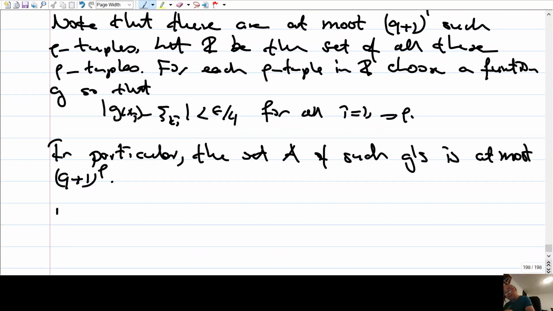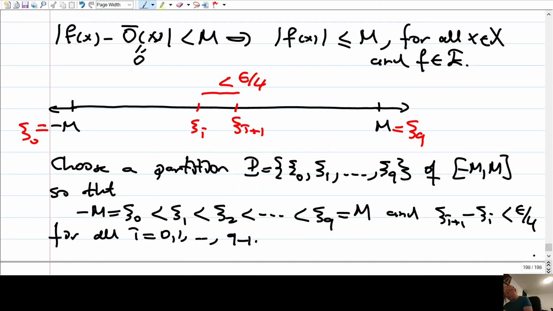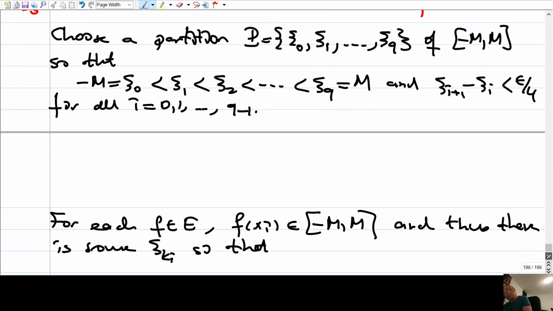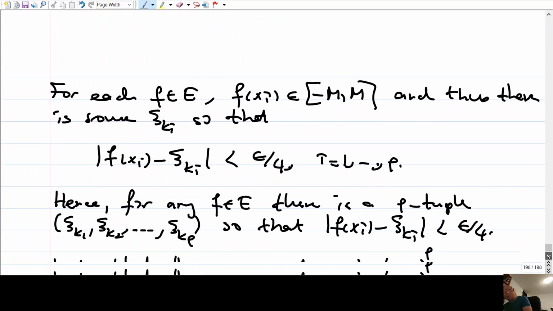Now let f be in E. Of course, remember, for any f in E, I have a rho tuple like this.